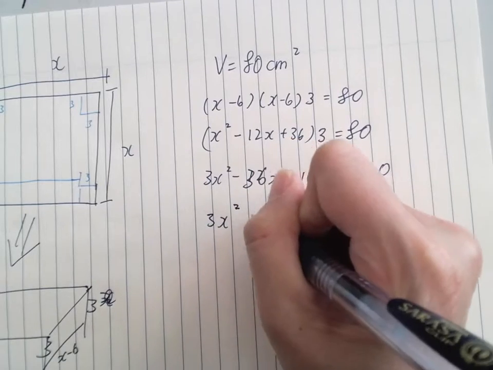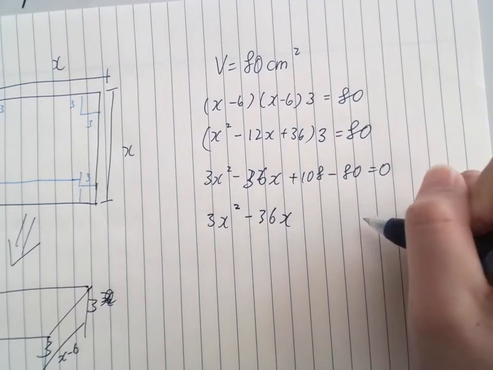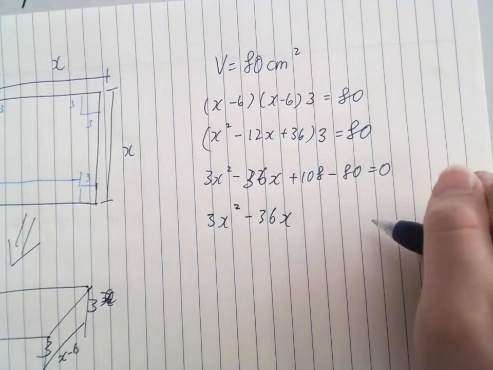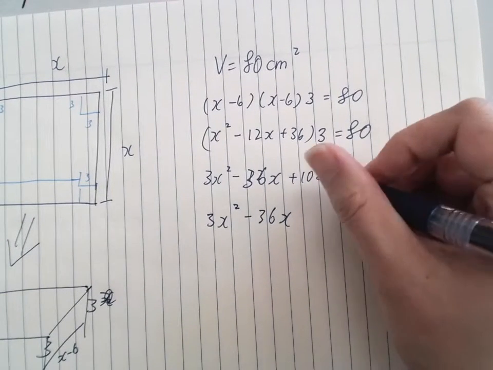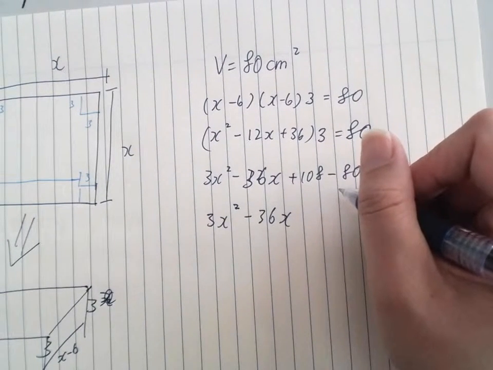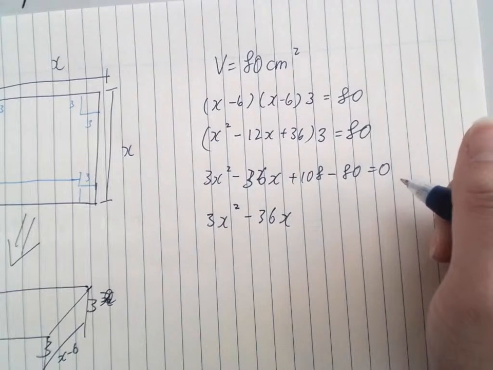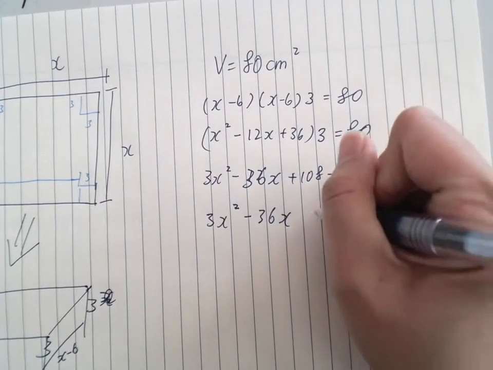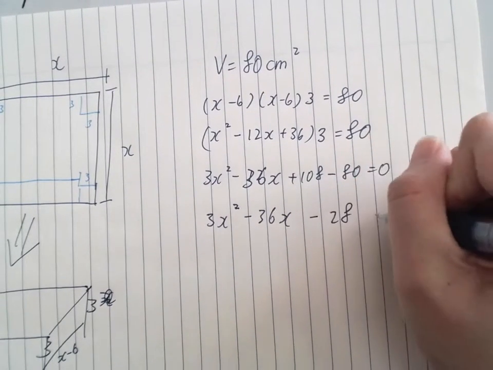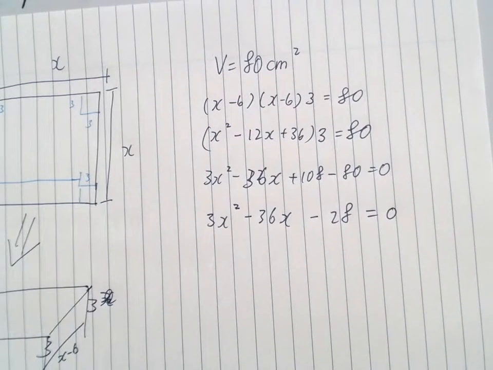3x squared minus 36x plus 28 equals 0. So again, we factorize it, see if we can do that.